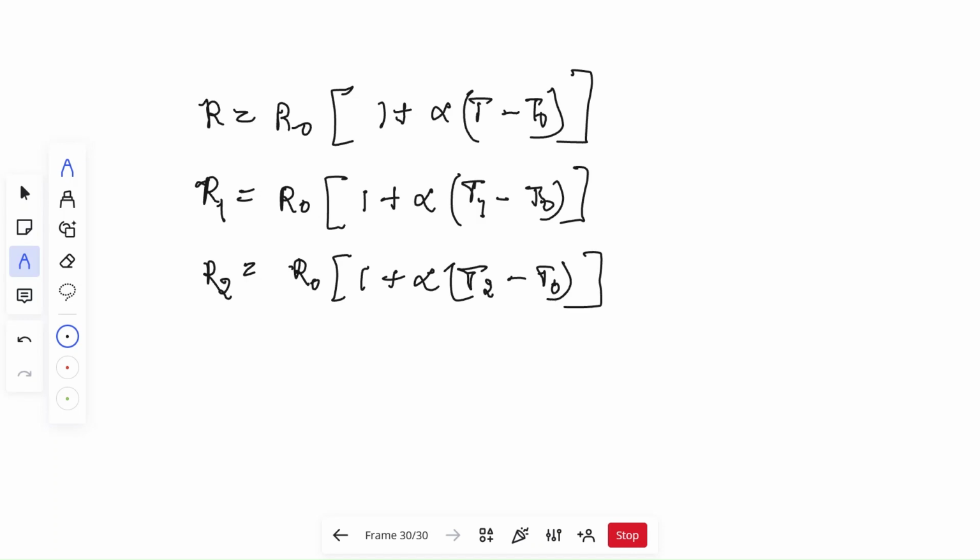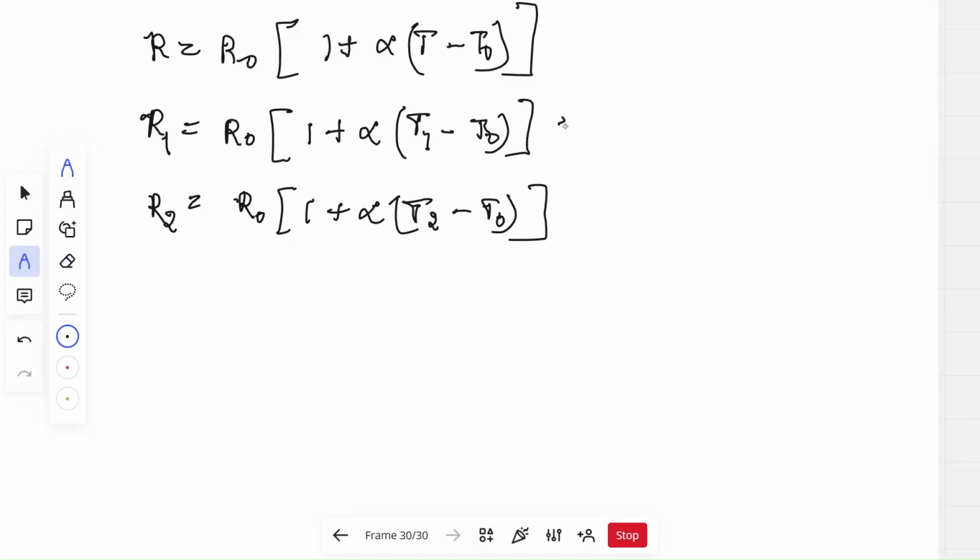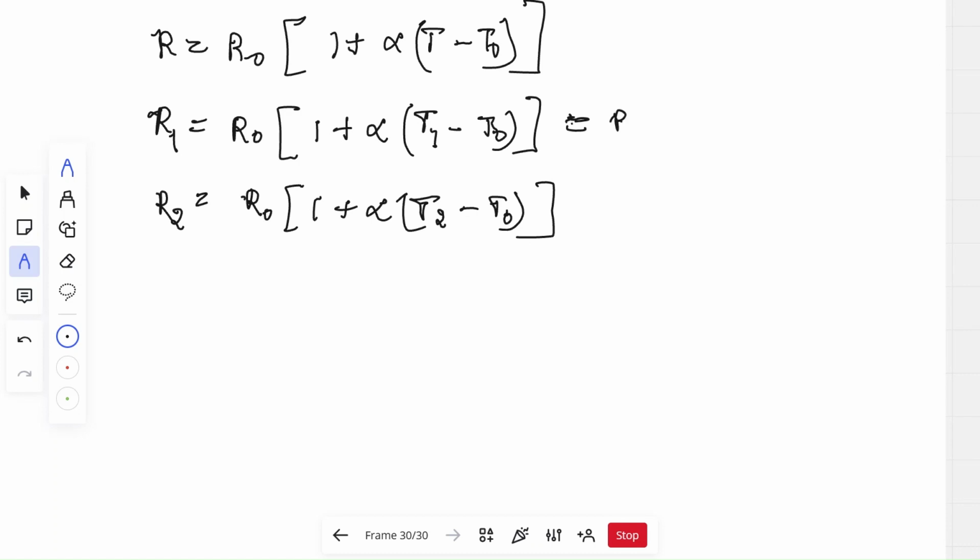On combining these equations, we can write an expression for temperature coefficient of resistivity. We can write R1 as R naught plus alpha R naught T1 minus alpha R naught T naught.